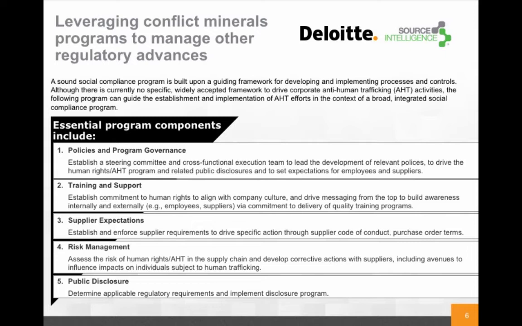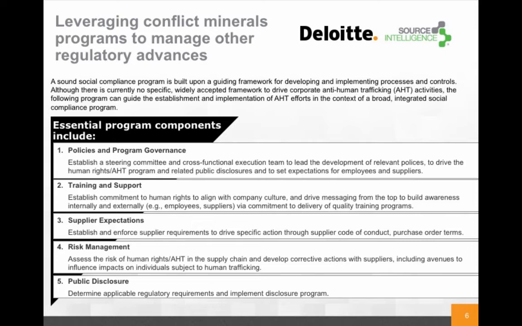It's that reference point, that foundation around the discipline that an organization puts in place to really promote the ability for systematic and continuous execution. And recognizing, as I mentioned, that there's no current specific or widely accepted framework that drives anti-human trafficking activities as that go-to standard, similar to what we saw with conflict minerals, which was the OECD due diligence framework.